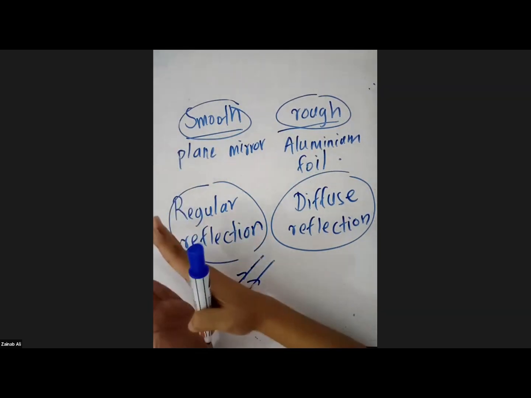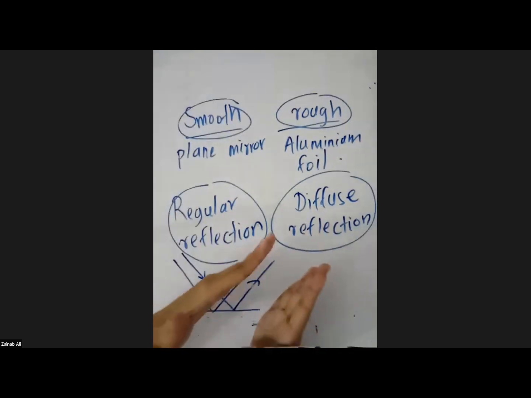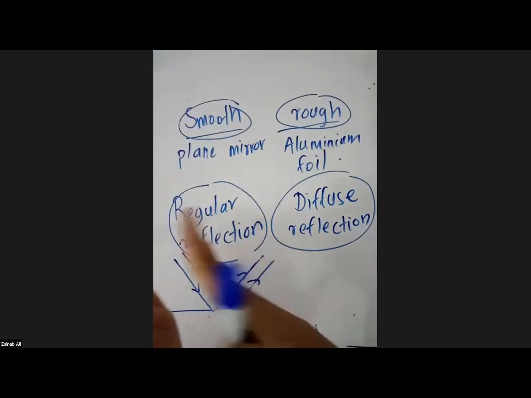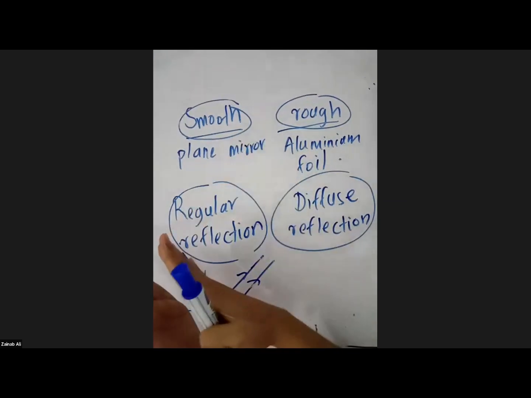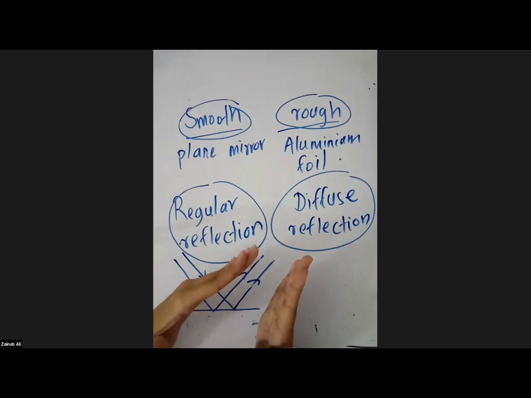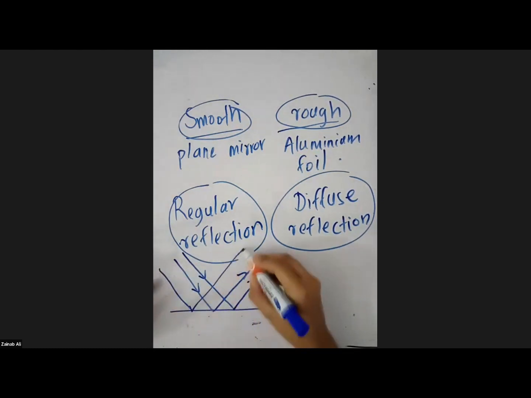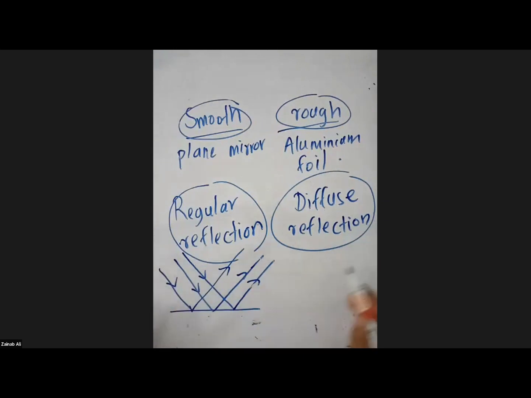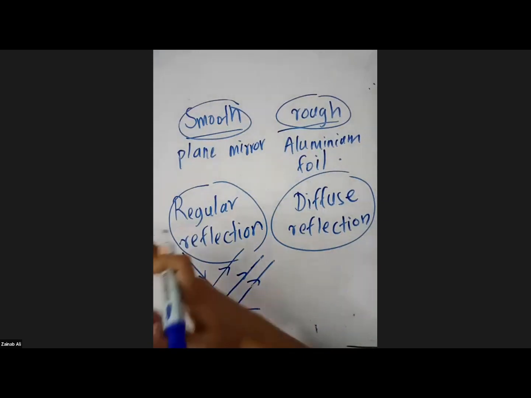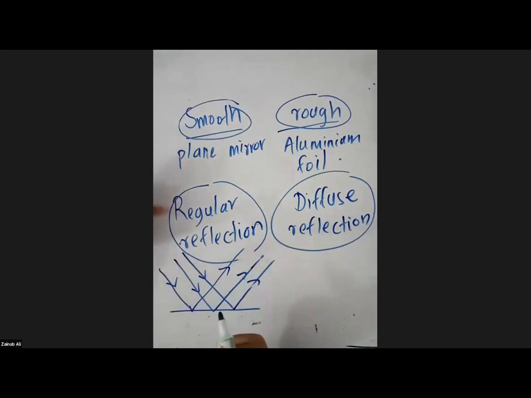Here you can see that the parallel light rays are being reflected parallelly. If you take another light ray like this, it will be reflected parallelly like this. That you call a regular reflection.